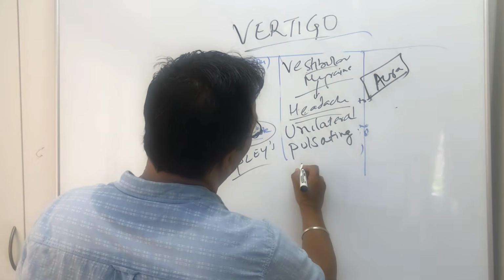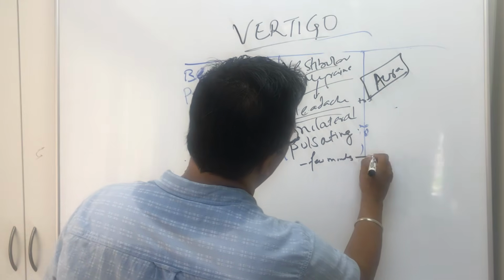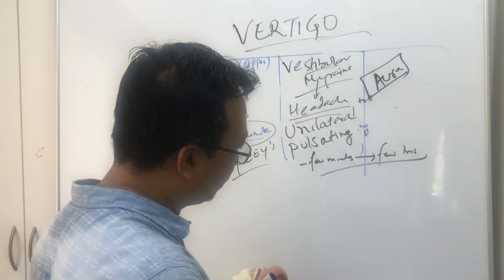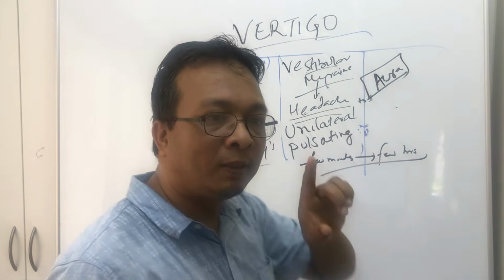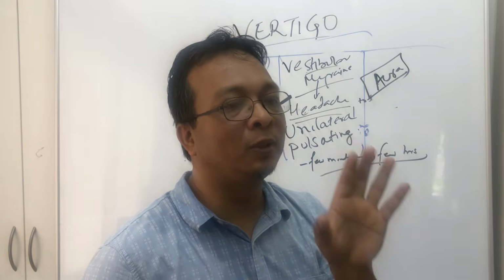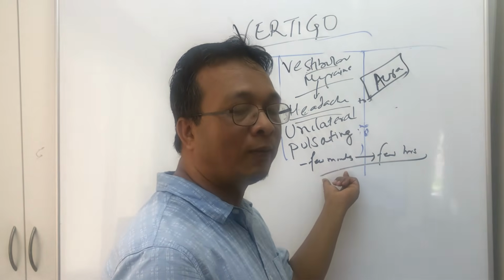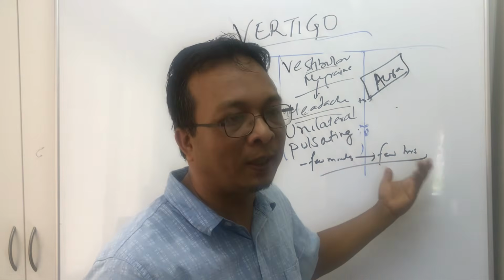This vestibular migraine often lasts for a few minutes to a few hours. It is not less than a minute. If the vertigo or giddiness is because of migraine, it will be a few minutes. In some patients it will be 5 or 6 minutes, but most of the time it's 2 hours, 3 hours, 6 hours, like that.